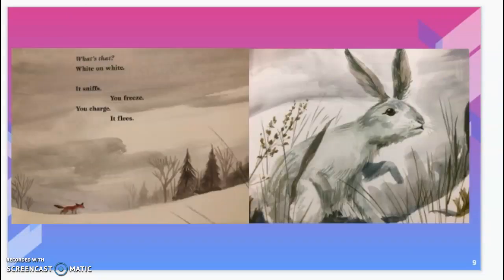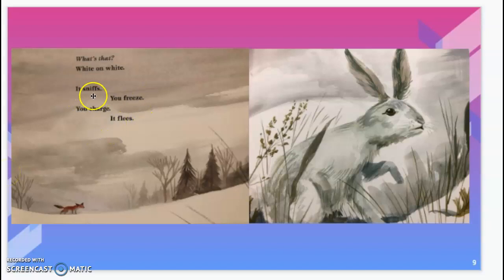Here's something else that a fox would like to eat. The illustration shows white on white. It sniffs. You freeze. The white on white is talking about the bunny. See right here it says white on white. It never says the bunny. You have to infer and realize, oh, it's talking about the bunny, which we find out flees away from the fox.